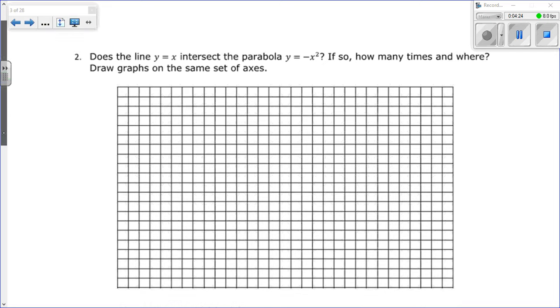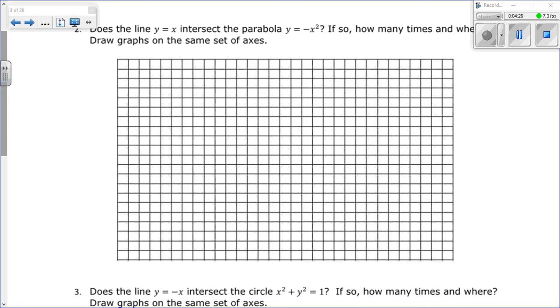Does the line y equals x intersect the parabola y equals negative x squared? If so, how many times and where? So I need to draw my axes here. There's y, and then here's x.